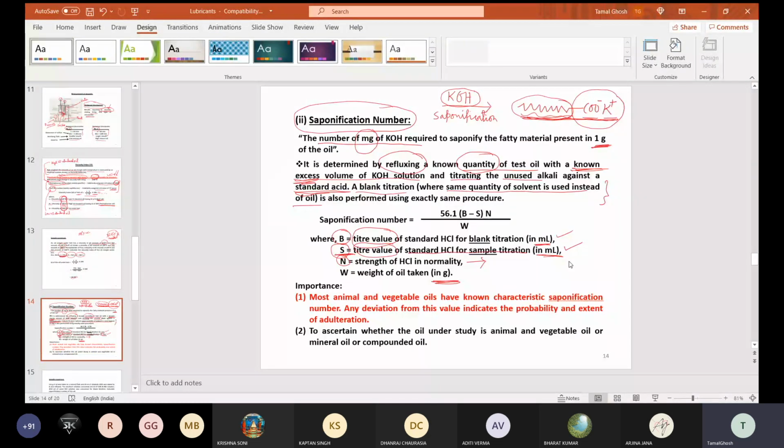So that number of milligrams of KOH you will get from this value directly. And what about this 56.1? Anybody can guess what this is? What is this 56.1? It is the molecular weight or equivalent weight of KOH.